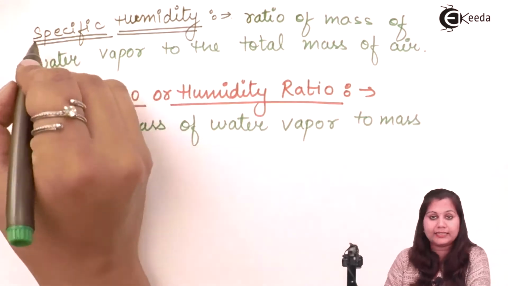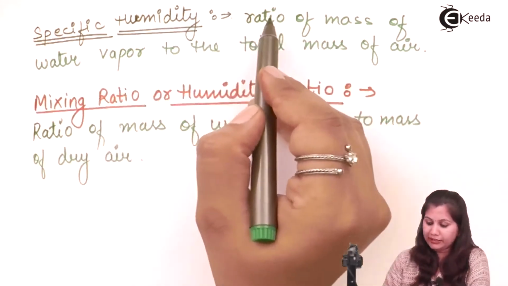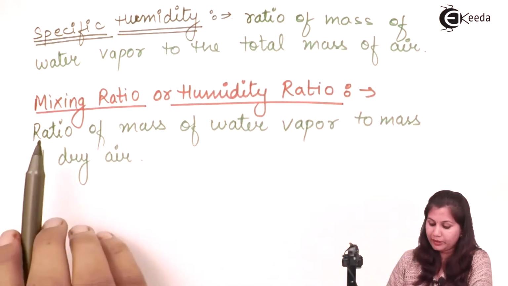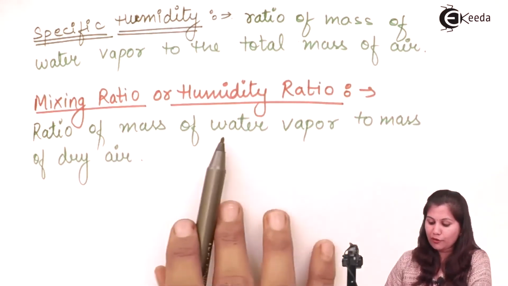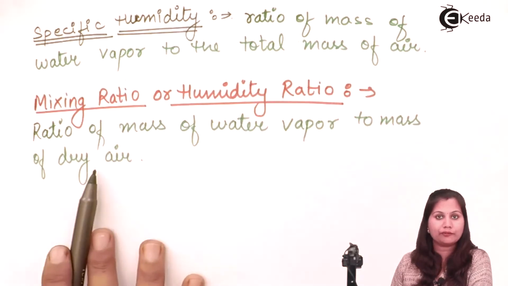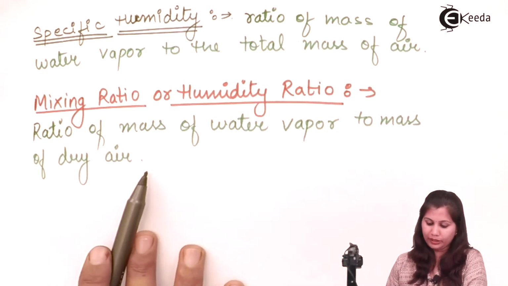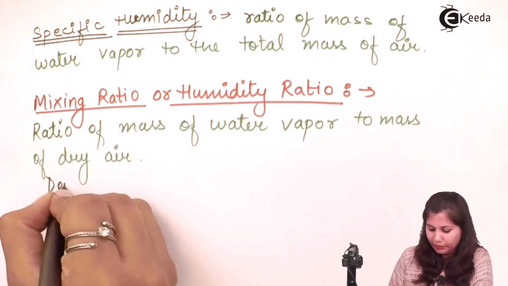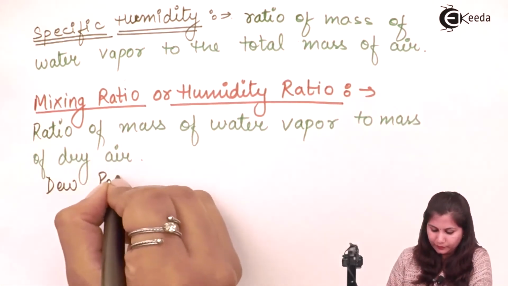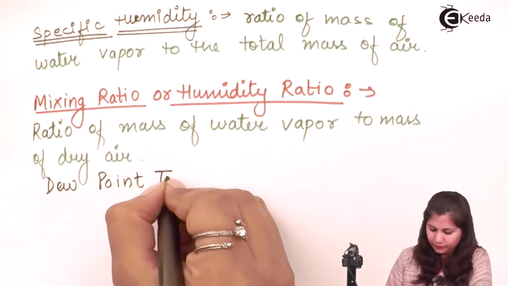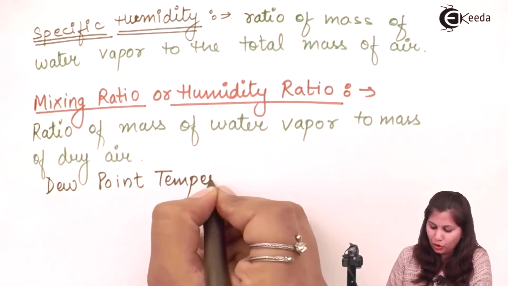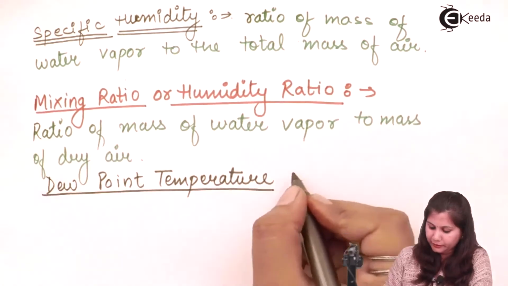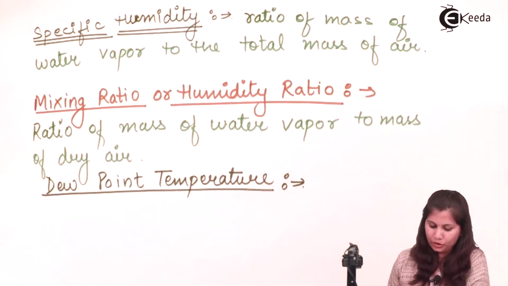So you can see that in specific humidity, we are finding the ratio of the mass of water vapor to the total mass of air. But here, the mixing ratio is the ratio of the mass of water vapor to the mass of the dry air. Now the last term is the dew point temperature, which is also commonly used when we are measuring humidity.